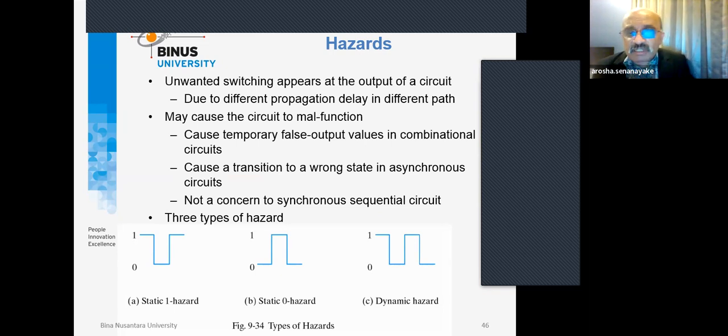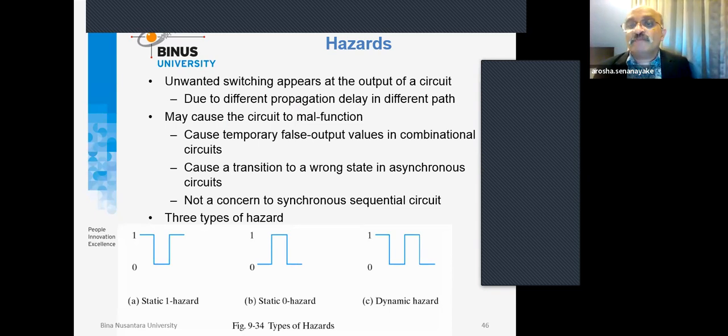Yes, that's because of what I explained at the very beginning. If propagation delay in different parts may cause malfunctioning, or false output, we can say.